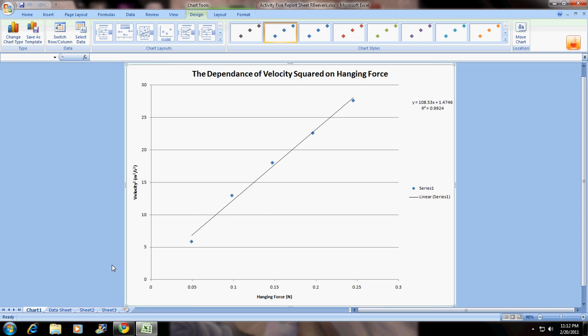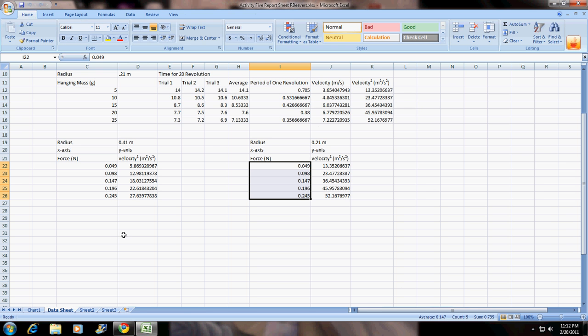So if I go here to the data sheet, okay, my slope is 108.53. Okay, and I tell you that I want you to take the ratio of the radius divided by the mass.